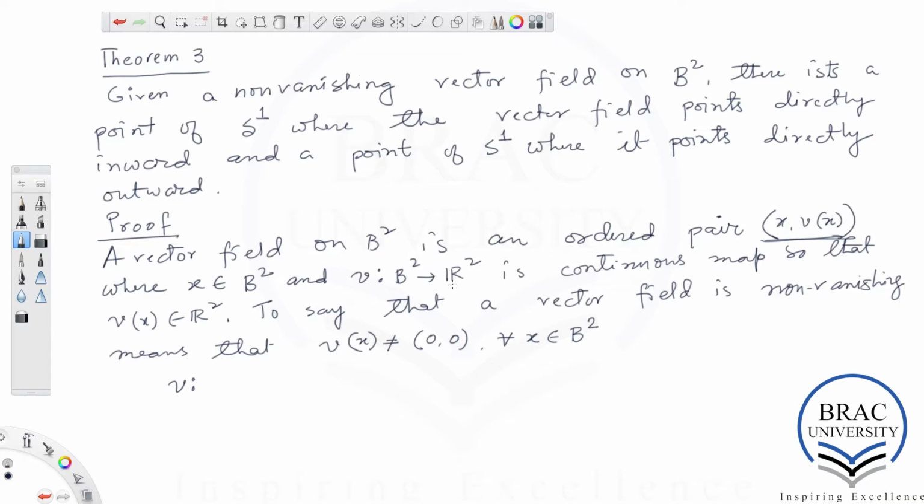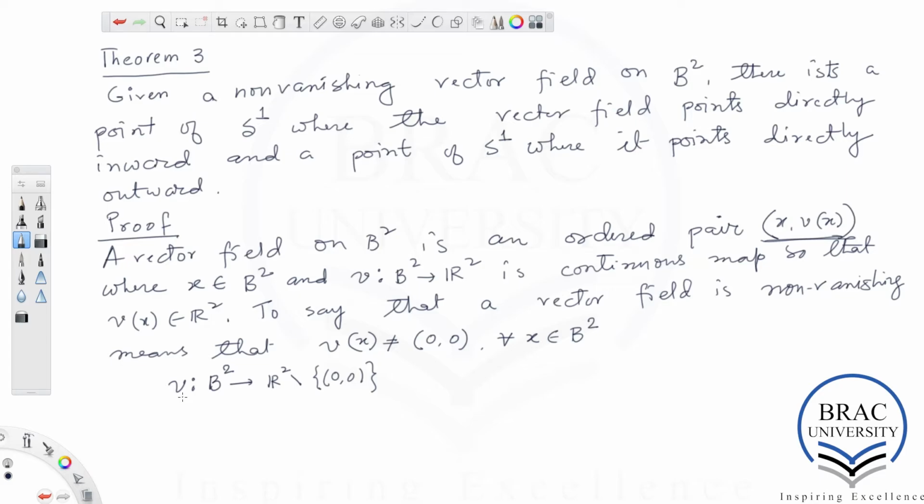To refine it, if V is non-vanishing, then V is actually a continuous map from B2 to R2 set minus the origin. Which means that V is a continuous map from B2 to the punctured two-dimensional Euclidean plane.